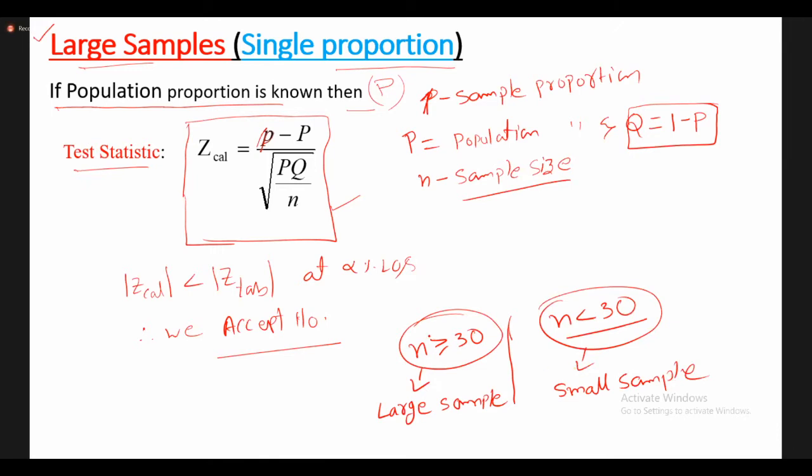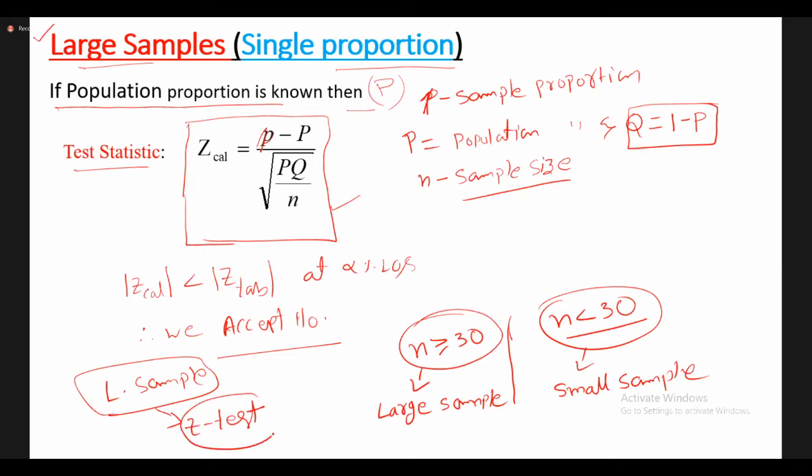For large samples, we always use the z-test. Remember, large samples use the z-test only. Already I showed the picture in previous classes.